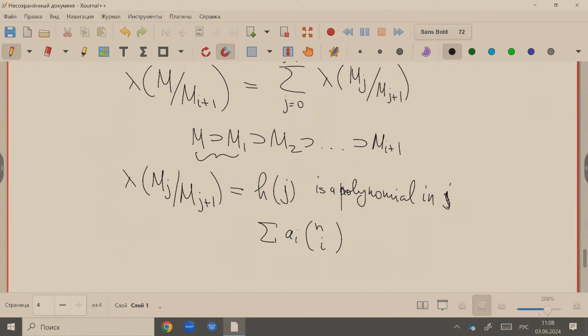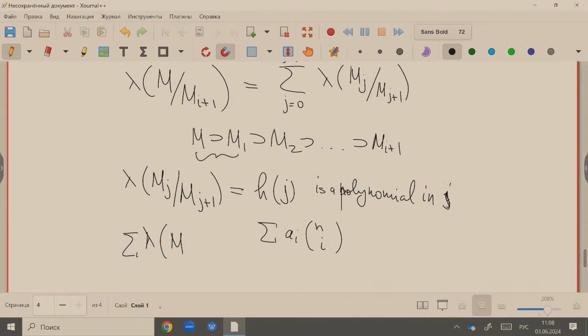The moral is that these factors themselves are polynomials in j. So you have to write down the sum, which is a sum of polynomials.